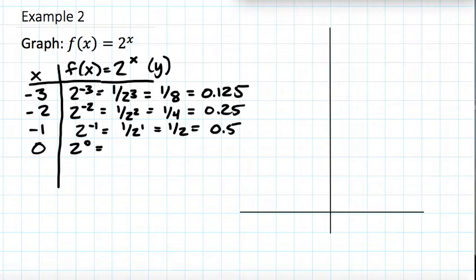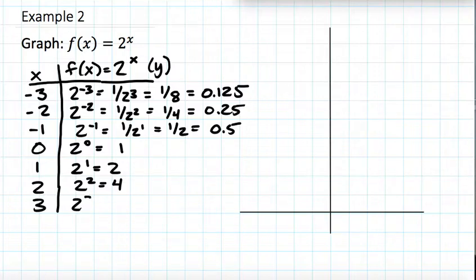Plugging in 0, anything to the 0 power is 1. I'm going to plug in 1, 2 to the first is 2. I'm going to plug in 2, 2 to the second is 4. And I'm going to plug in 3, 2 to the third is 8. So now I'm going to plot these points here. And the graph is going to look like this.